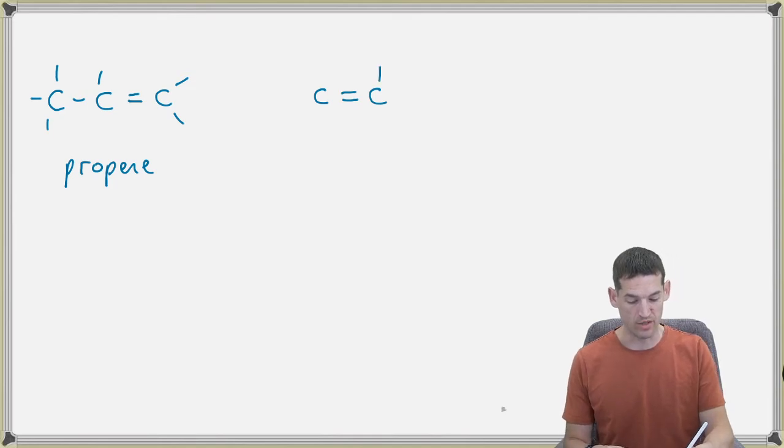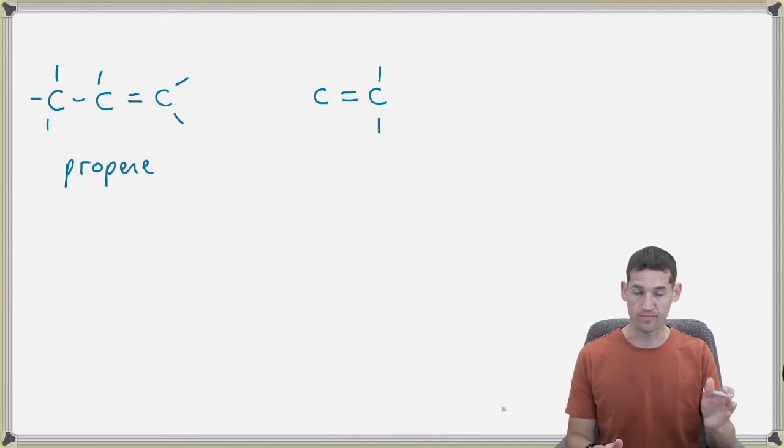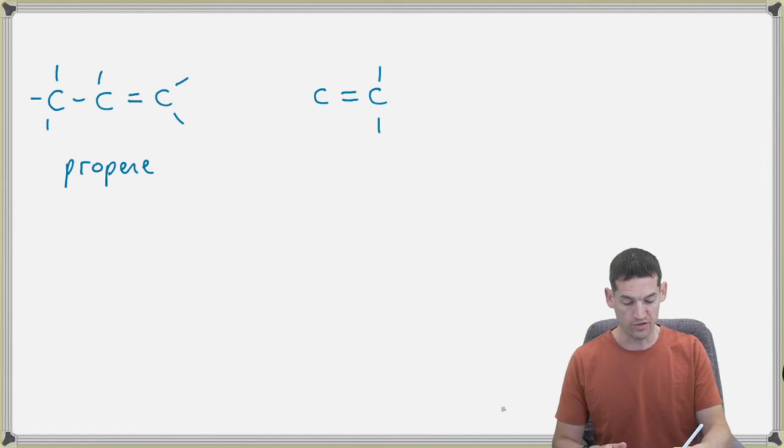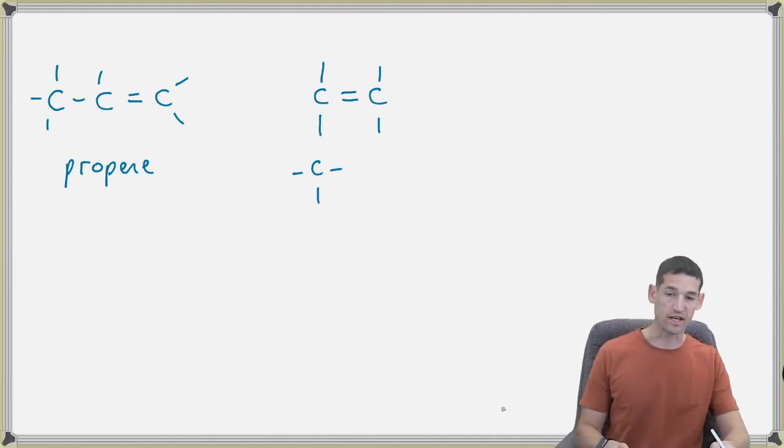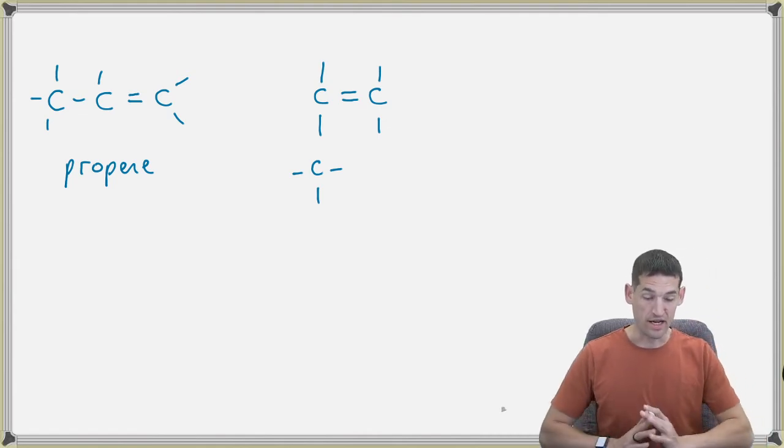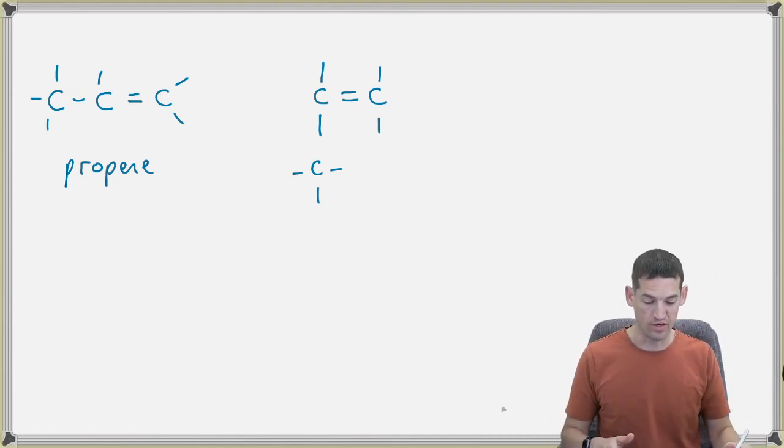So on that end, I'm going to bend the 2 hydrogens up on the right side. On the other side, I've got a hydrogen, but then I've also got another carbon with its hydrogens on there. So I've bent everything up or down except for the double bond.